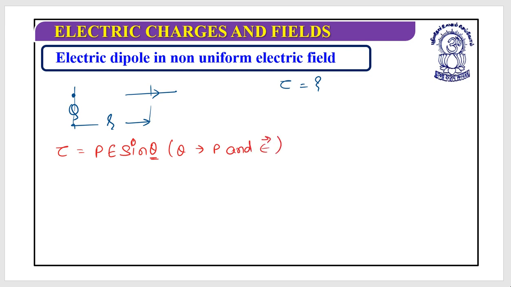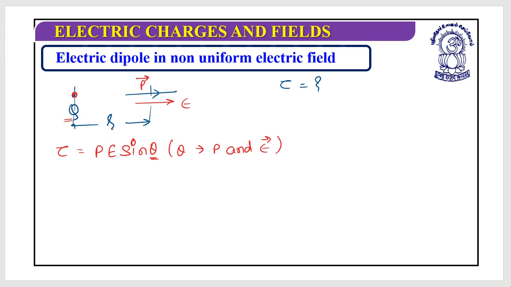So let's check it out. This is the P. Here it is a point charge and it is a positive point charge. So the electric field due to the point charge is in this direction.